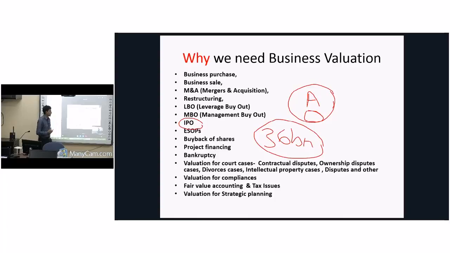So valuation for court cases, contractual and ownership disputes, divorce cases, intellectual property cases, disputes and others, so many factors. We'll give an example. If the court wants to give a value for the business, yes, you need to do a business valuation properly. Even take an example where, let's say, the husband and the wife started this business, they grew it for 15 years, and now they want to be divorced, but the company has been set up by two people.